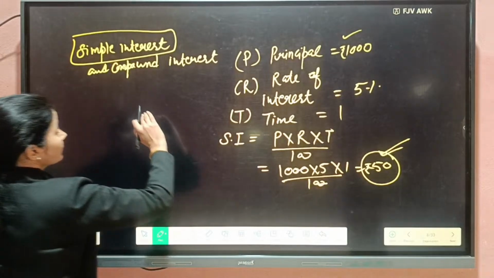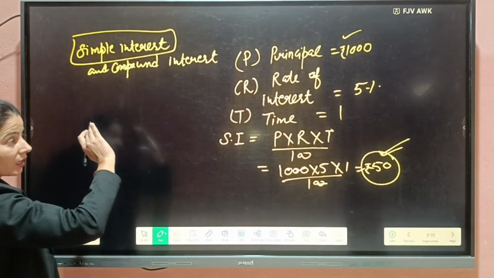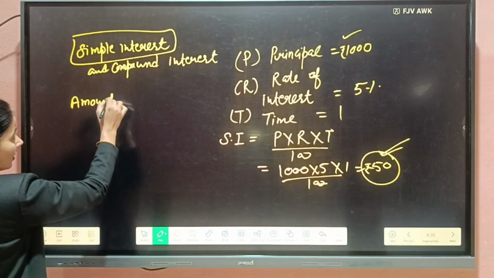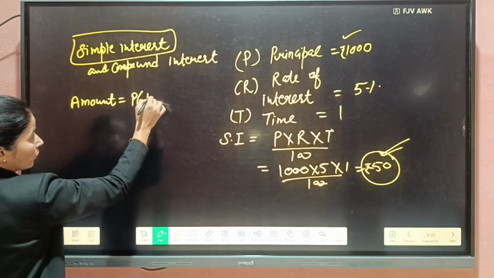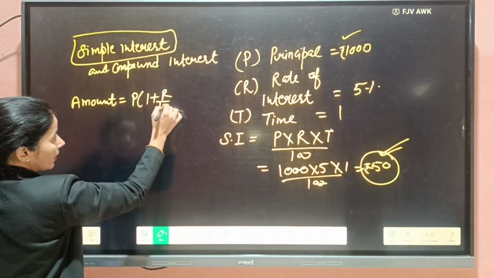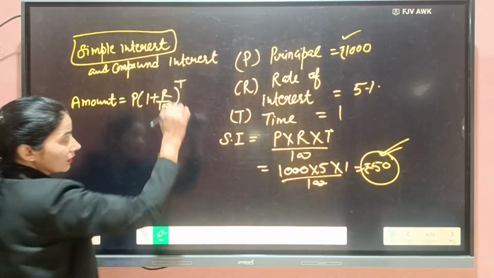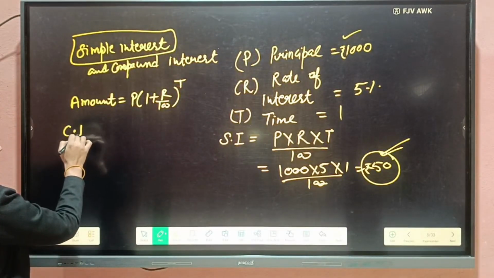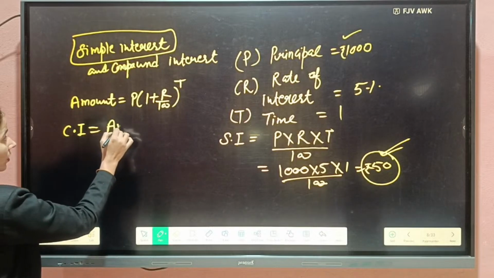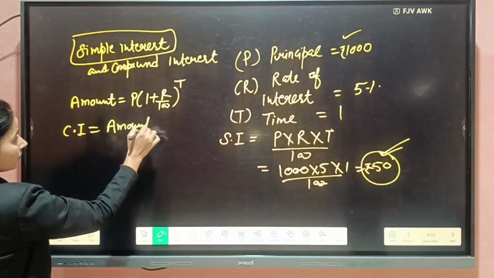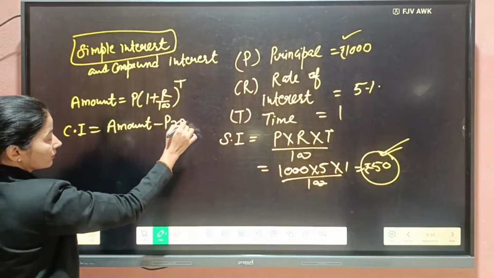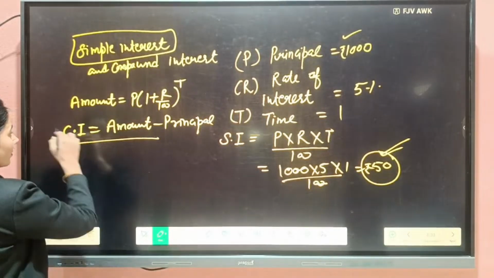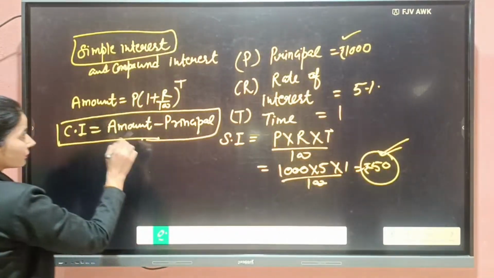The formula for computing compound interest is, this is the amount formula: amount is P into 1 plus R by 100 to the power time. And compound interest is amount minus principal.